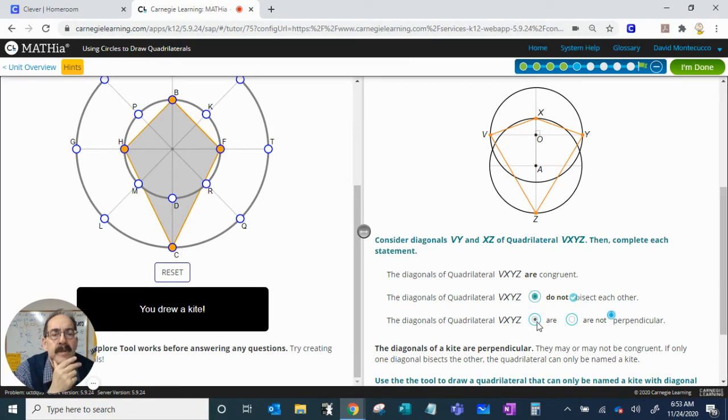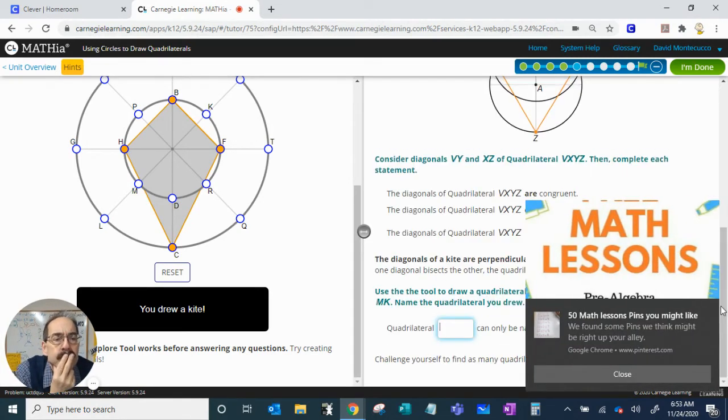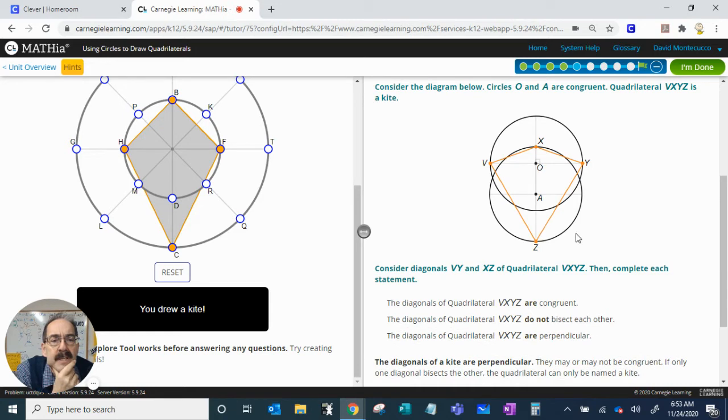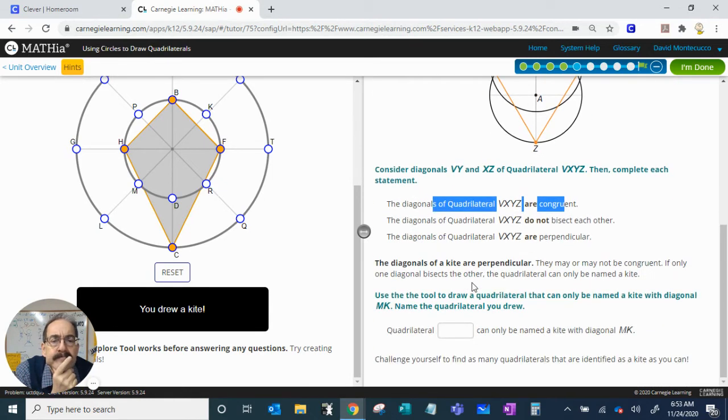They are perpendicular. I'm not sure why it said the diagonals of V, X, Y, Z are congruent. I don't agree. Strange.